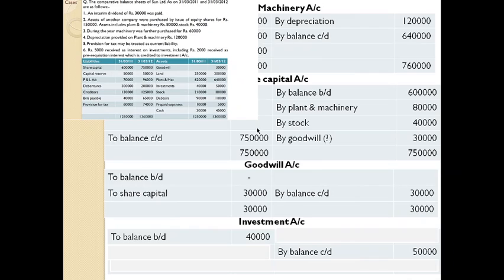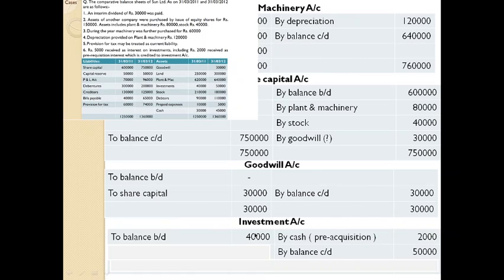The next information is that out of rupees 5,000 received as interest on investment, 2,000 received as pre-acquisition interest which is credited to investment account. So that has to be recorded in the investment account, rupees 2,000.